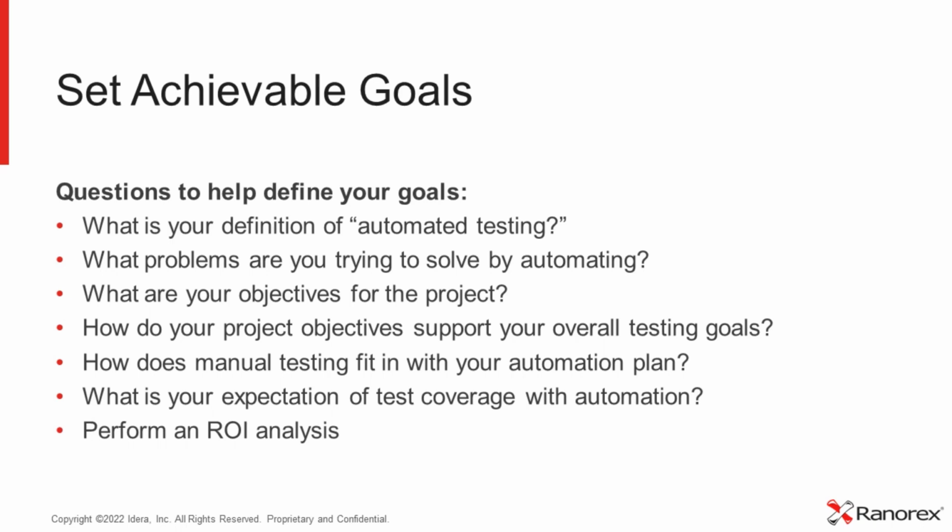Are you trying to reduce the number of bugs that reach production? Are you trying to have greater visibility into your testing? Do you want more concrete test results and reports that you can look at and have faith that those reports are correct? So your overall testing goals, does this project support those goals?